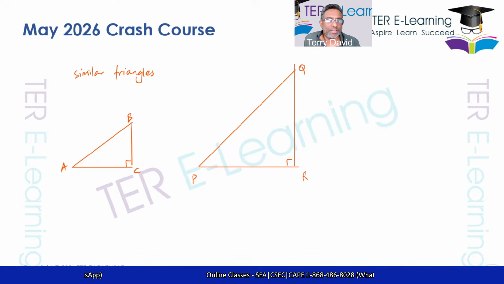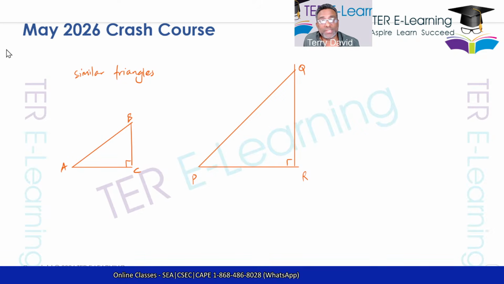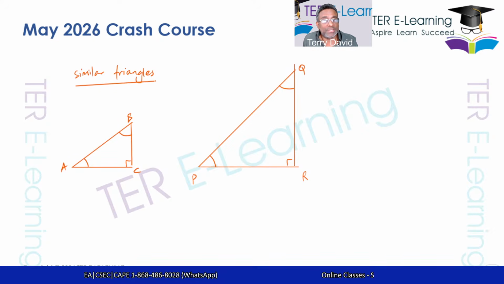Now these two triangles are going to be similar if this is what needs to happen. So this angle here must be exactly equal to this angle. This angle here must also be equal to this angle here. So all your corresponding interior angles must be identical in order for you to be similar.